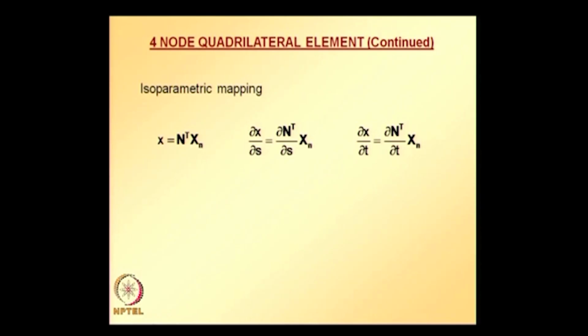N transpose comprises all the shape functions N1 to N4, and xn comprises all the x coordinates of all the nodes x1 to x4. Once we have this relation, we can easily take the partial derivative of x with respect to s and with respect to t.